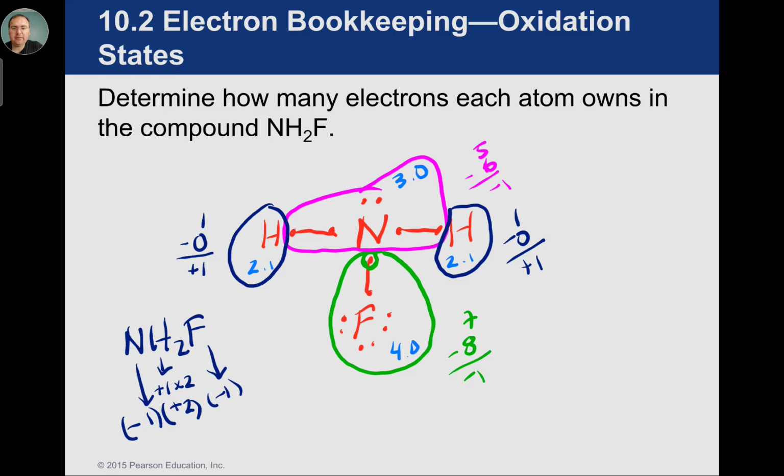So 2 negatives and 2 positives make 0, and we notice that this overall compound was 0. And that's the idea behind oxidation states and this electron bookkeeping method, making sure that your overall charge equals the sum of your oxidation states, and that's what we just proved in this example here.